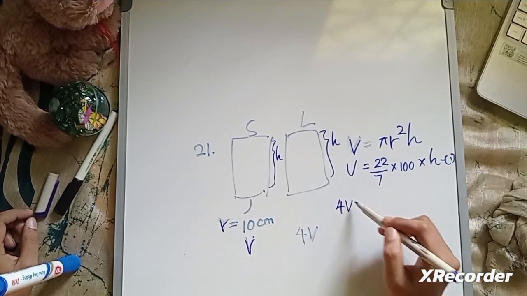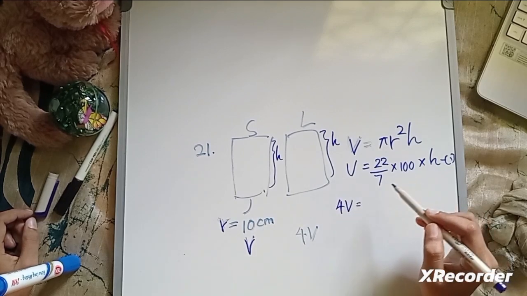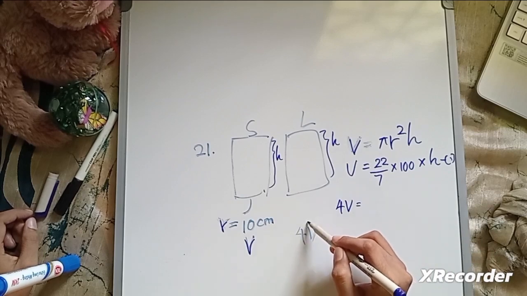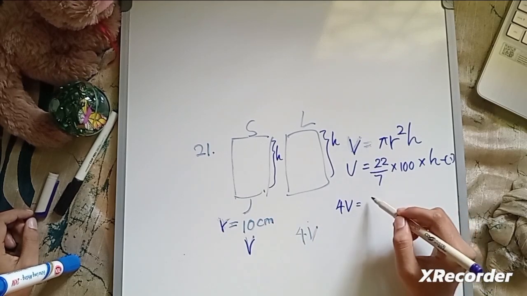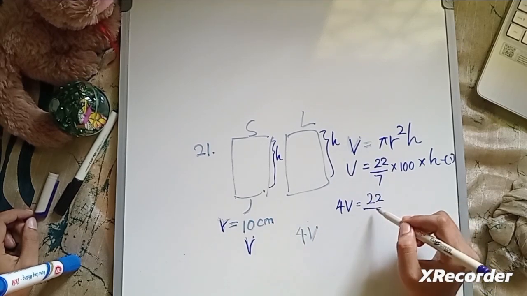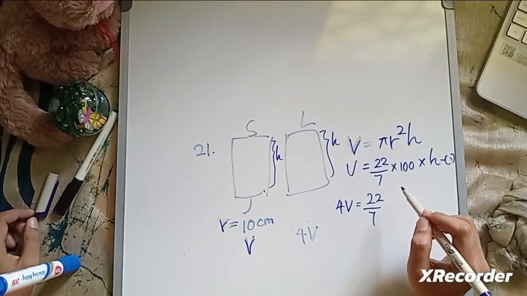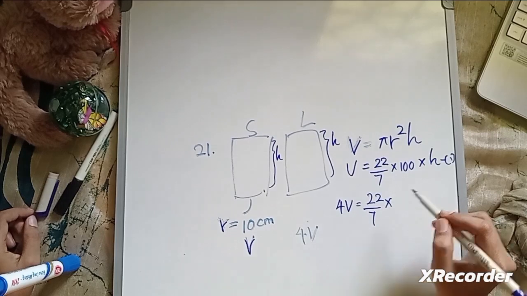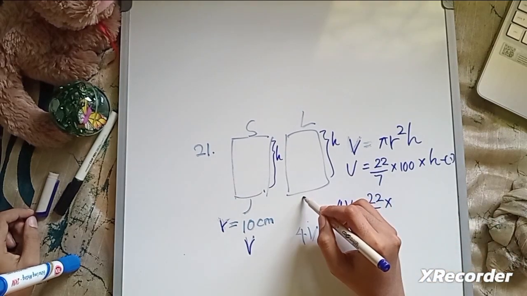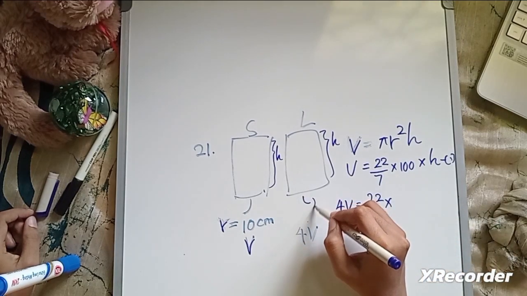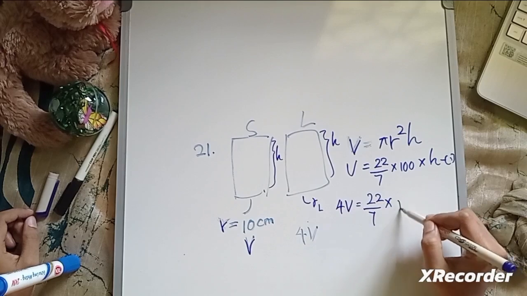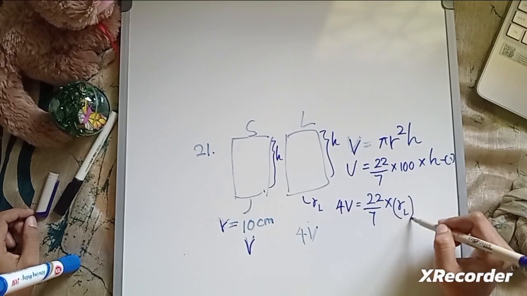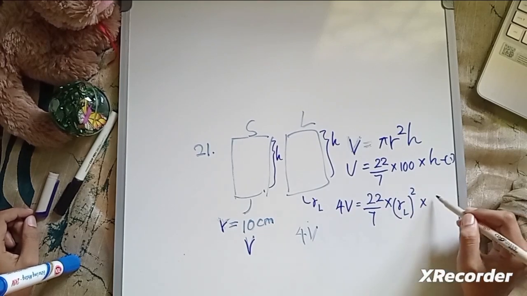Let's write the equation for the volume of the large cylinder. We can write 4V equals 22/7. We don't know the radius RL, so RL squared, and this h is here.